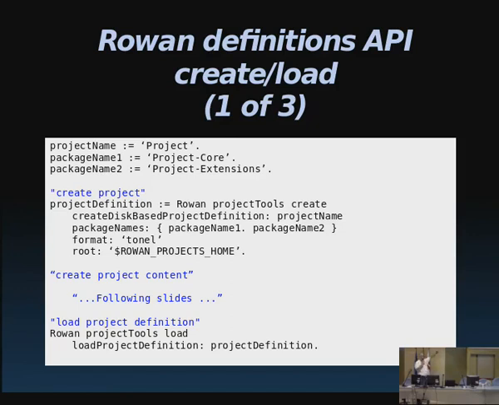I'll do some more of the definition-based stuff soon, but at the bottom, that's how you load. This is the fundamental load operation for Rowan. You load a project definition. You can also load a set, but at the bottom you're dealing with a project definition. And there's a clear API for doing it.